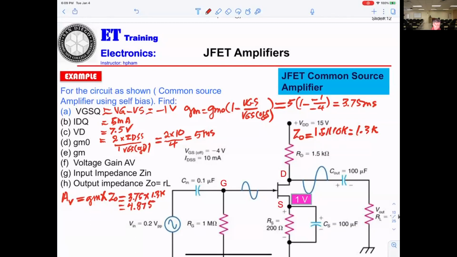That is the gain. Input impedance, 1 meg.